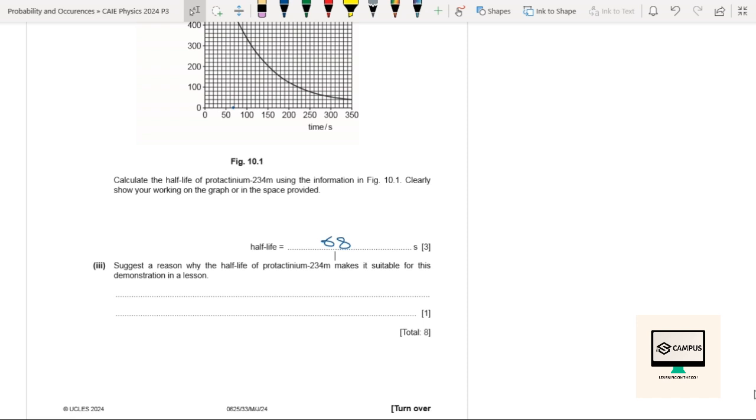This makes it a perfect element for demonstration purposes as a number of requisite half-lives can pass, and you can see the requisite results in a class. So it's neither too short nor too long to experience decay in a class.